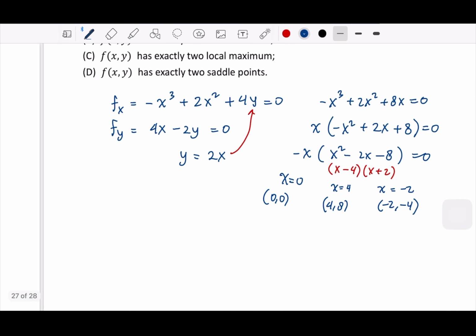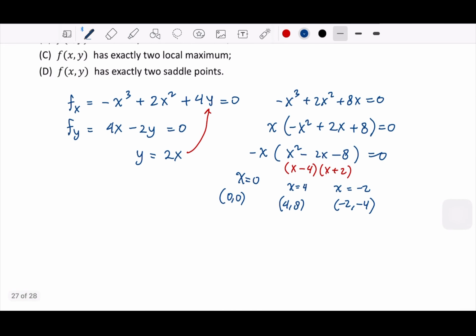And then we can start to check the second derivative. So for the second derivative, we can write partial xx, and partial yy is negative 2. And the partial xy is 4.